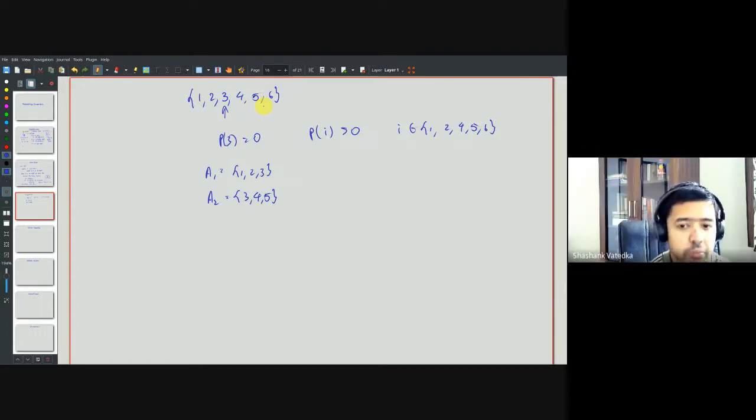Correct. You could probably change the experiment slightly and say that my new sample space is just 1, 2, 4, 5, 6. But that doesn't mean that you cannot define this, because it is possible in certain applications.